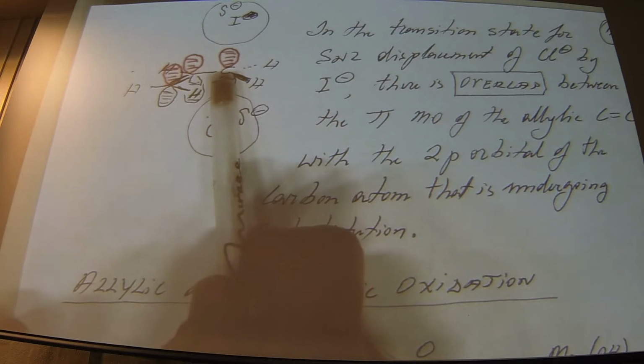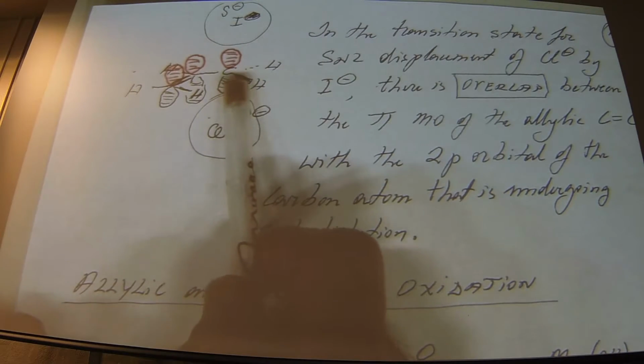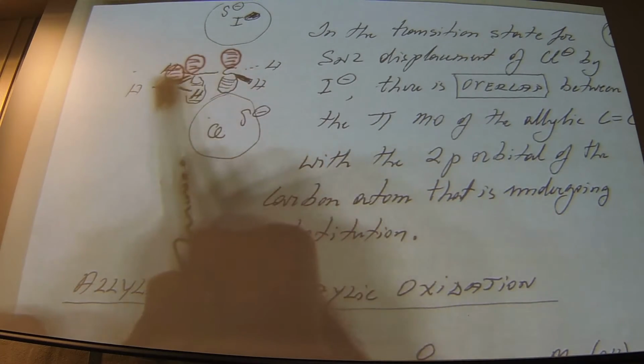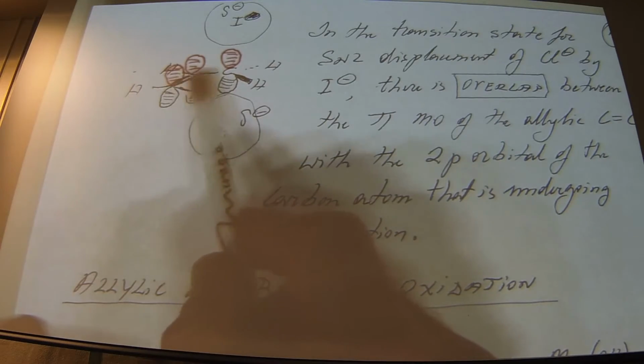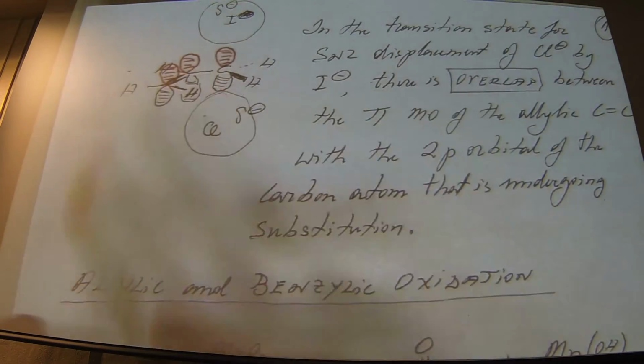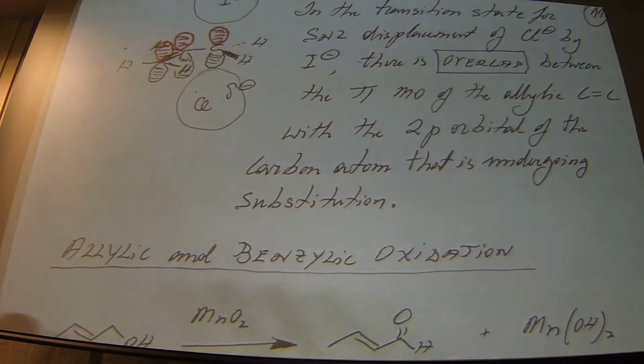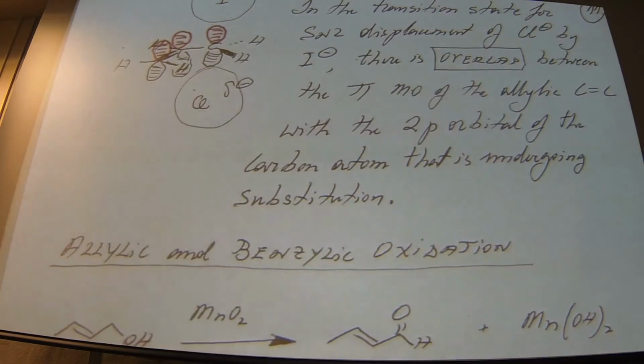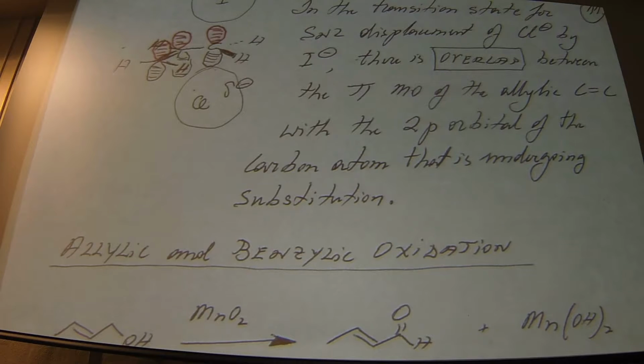But notice that the carbon atom that's undergoing chemical change is now becoming sp2 hybridized, and it can overlap through resonance with the pi electrons in the allylic C=C bond. And so that stabilizes the transition state. It's allylic stabilization in the transition state translates into what? Into a faster reaction. Lowering the energy of the transition state, the activation barrier is lower, reaction's faster.